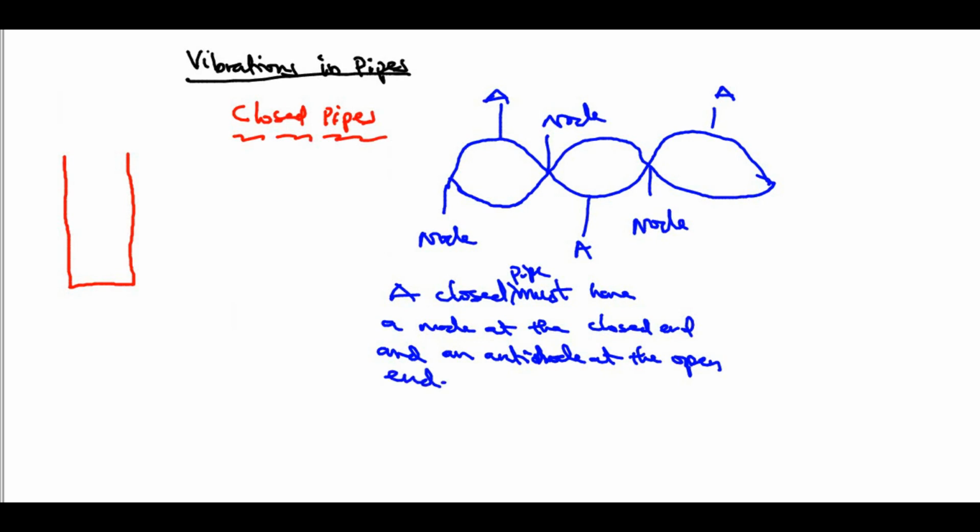It's very important that a closed pipe must have a node. That is to say, we must have a node at this point. This point must always be a node, and at this point we will always have an antinode. You will realize that the lowest configuration that we would have would be this. We can't have anything smaller than this, we can't have anything lower than this. This is the basic, the fundamental.